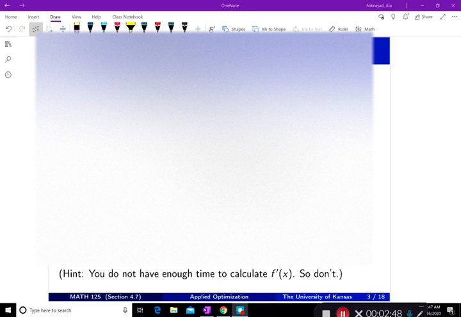Okay, so now, true or false, f of x has an absolute maximum and an absolute minimum on the interval 1999 to 2019.